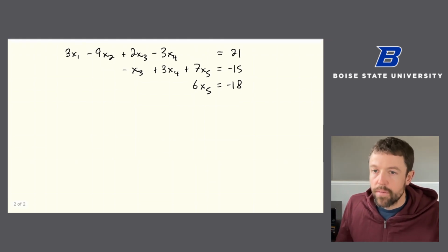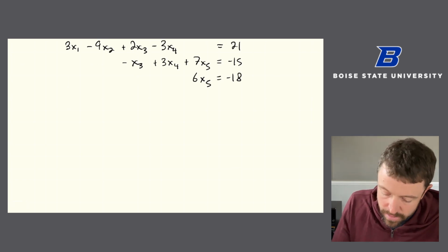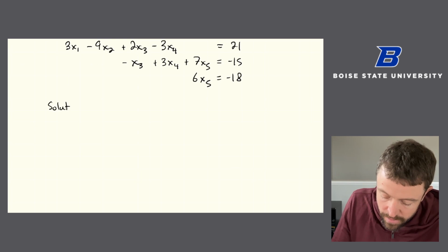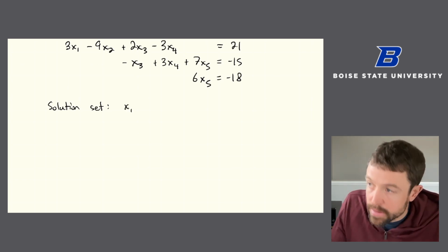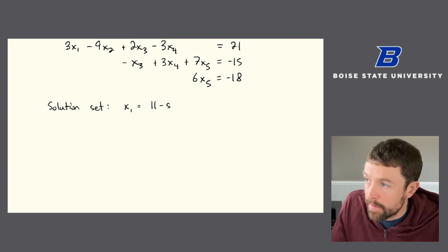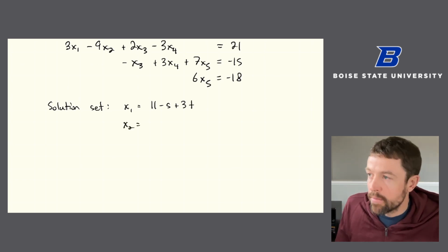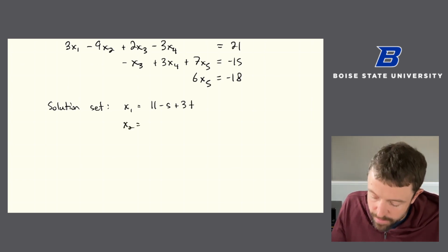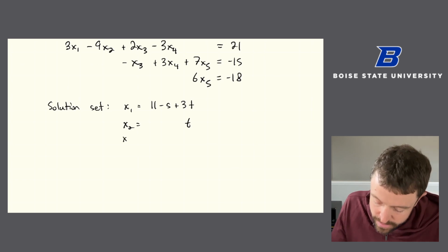And we found that the solution set was the following. And I'm writing them vertically on top of each other for a reason. I'm just going to kind of organize this.